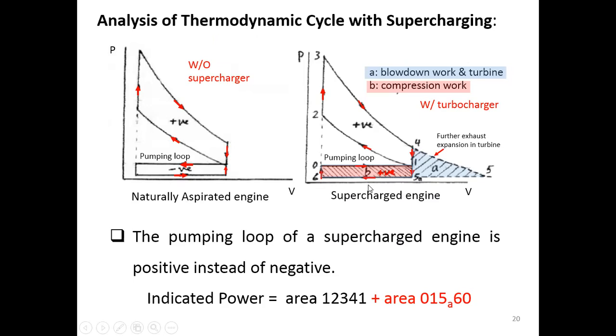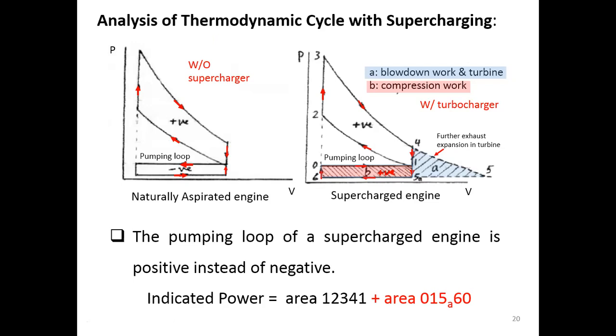For the supercharged engine, you can see that we have no negative work. And we do have the blow down work, because we use the exhaust flow to drive the turbine. So this is called the blow down work.